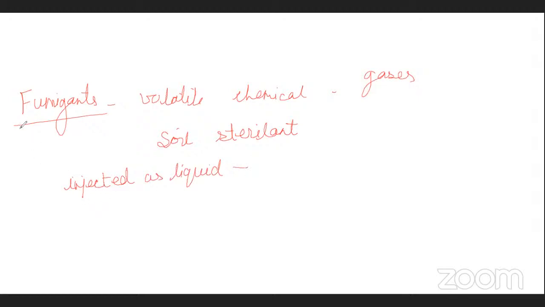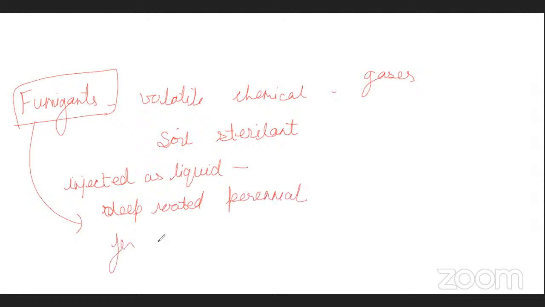Fumigants are usually used to kill deep rooted perennials and also to eliminate weed seeds. This is very important because seed dormancy may last for 1 or 2 years, lying in the soil as it is, and after some time the weed seeds germinate.